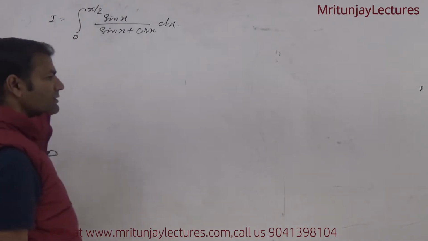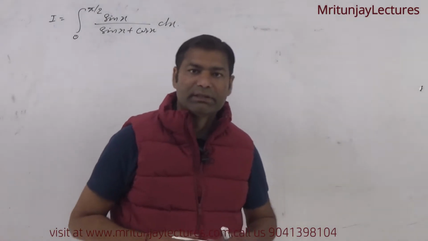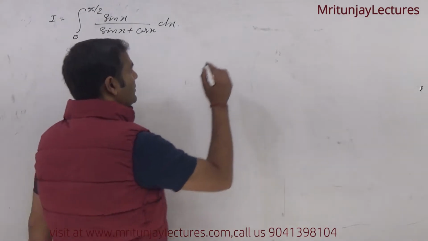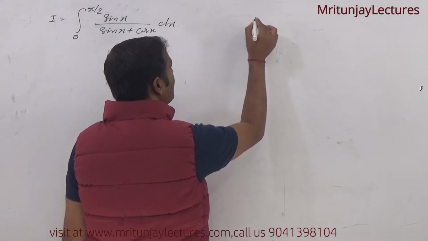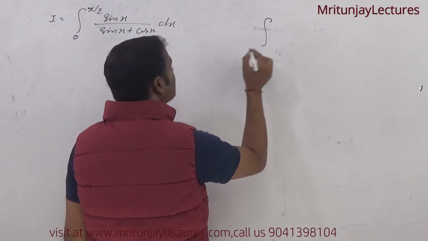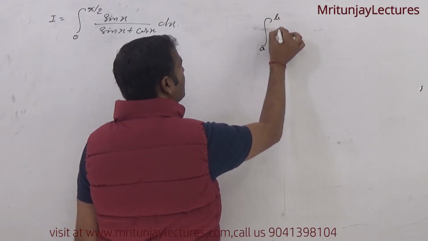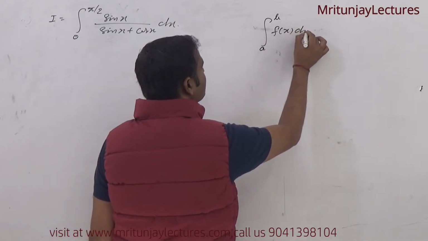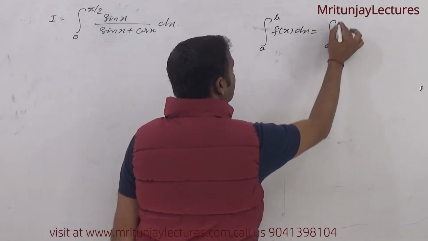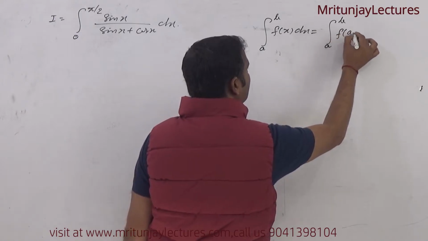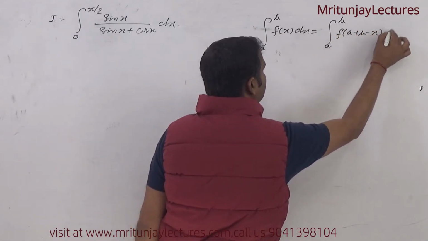Our motto is to determine the integration of a definite integral. I know property number 4: the integral from a to b of f of x dx is equal to the integral of f of a plus b minus x dx.